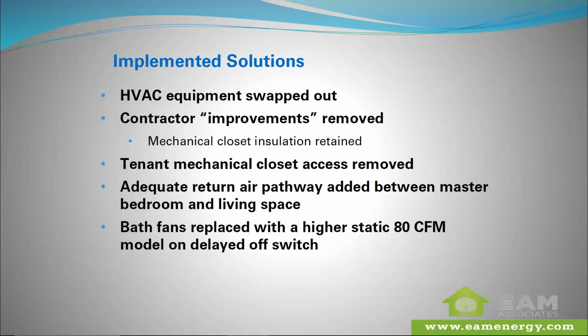While they had added a lower wall transfer grill, they added it in a location where a large piece of furniture was always going to go. So it was blocked and it wasn't doing anything. So we had to add some more in a location that would actually flow some air. Not as aesthetically pleasing, but it was more important to get the system to work properly.